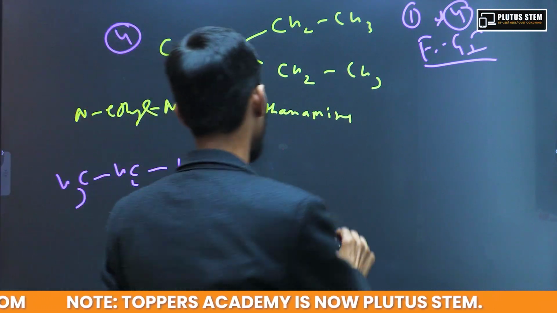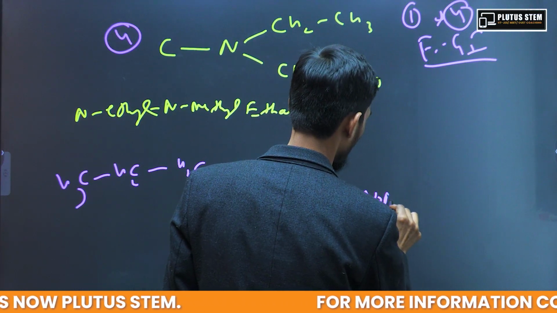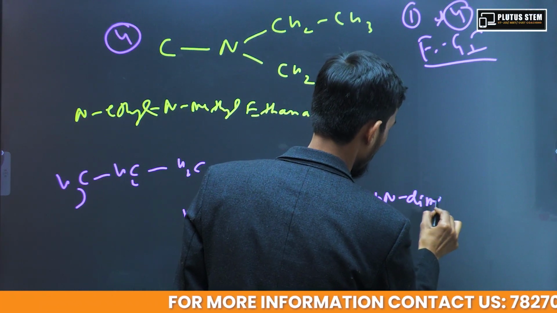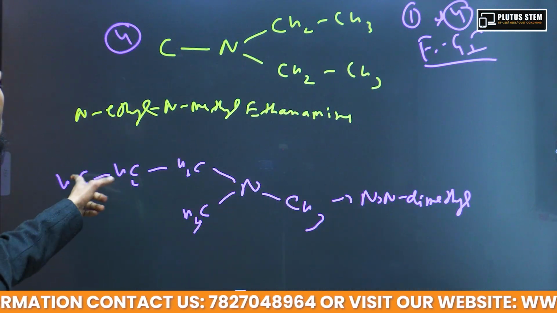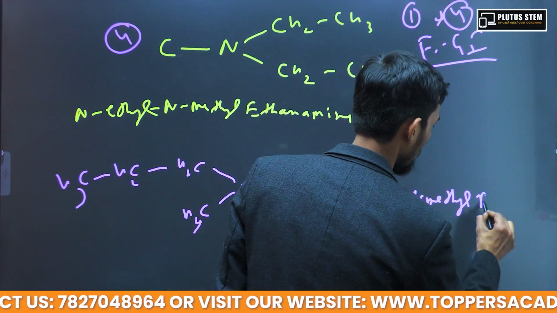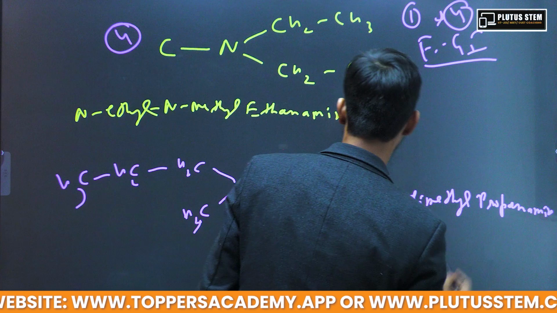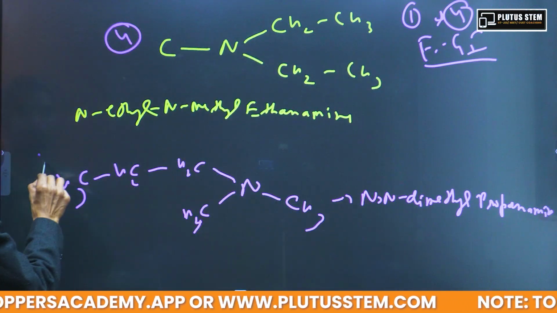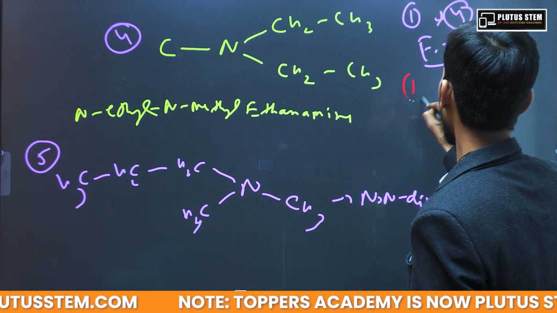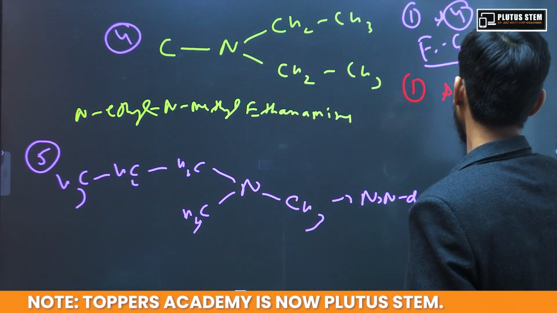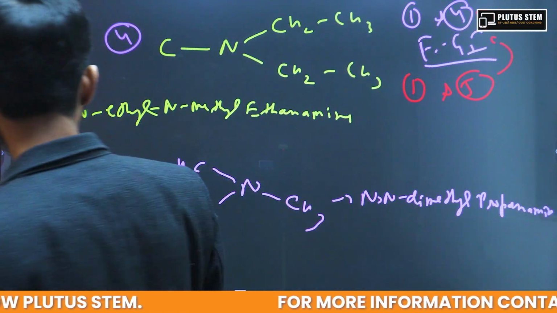So this one is N,N-dimethylpropanamine. Let's say this is the fifth one. So we can say over here that 1 and 5 are also functional group isomers. In this way we can draw these functional group isomers.